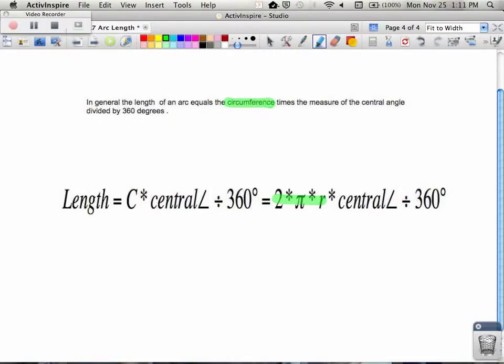And then take the central angle, divide that by 360, and you'll have your answer. So any arc length, and I'm going to add the word arc here, any arc length is the circumference of a circle times the central angle measurement divided by 360.